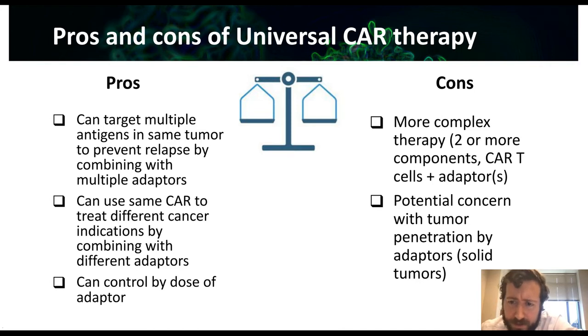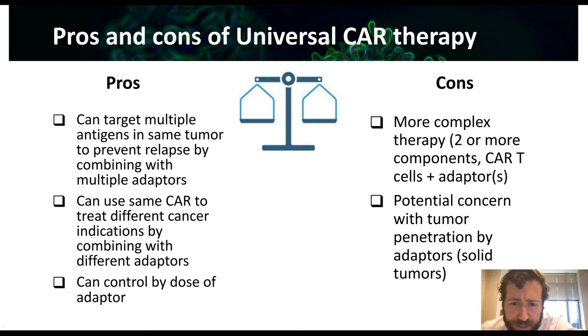There's also some concern with tumor penetration using adapters, because you also need the adapters to potentially penetrate the tumor as well as the T cells. And we're hoping with the SNAP-CAR T cells, as they're covalently labeling the T cells, that this would be less of an issue, because the tumor trafficking of the T cells can be pre-labeled by the antibody and then trafficked to the tumor.